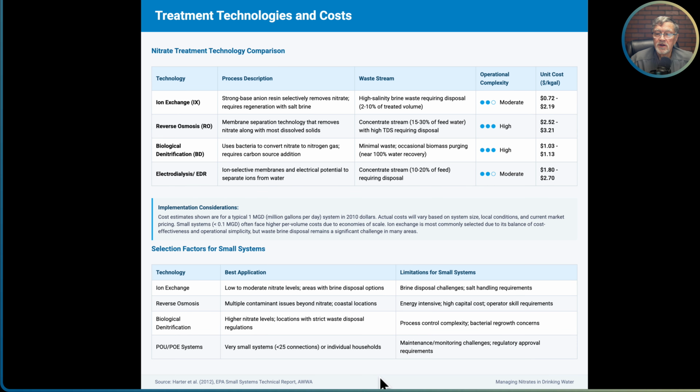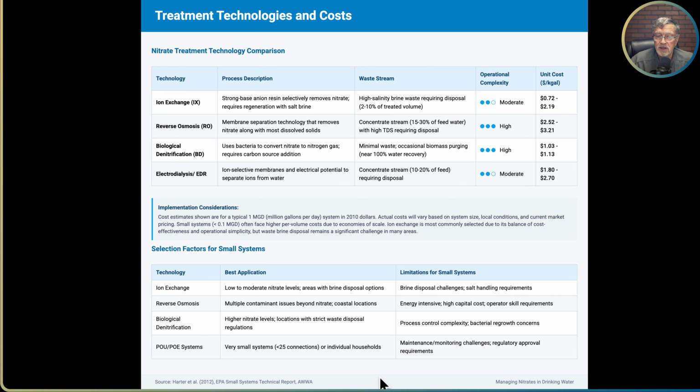As you can see under operational complexity, it's high because it requires a lot of hands-on management. Yes, it can be cheaper, but you have to be constantly adjusting things, because you're using bioprocesses that need to be adjusted to do the denitrification, and you really have to monitor it very closely. So that makes the complexity high.